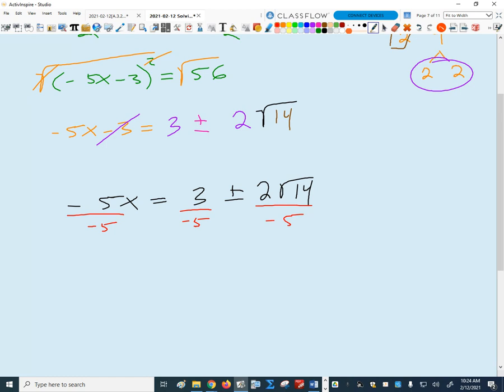But does that make sense? Isn't that making things excessively complicated on that second one? Because look, we already have a plus or a minus there, right? I have plus or minus that quotient, 2 radical 14 divided by negative 5. Well, what's the point of dividing by a negative number if I'm already including both signs?